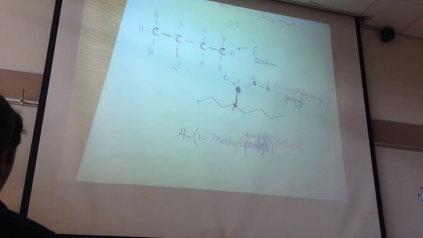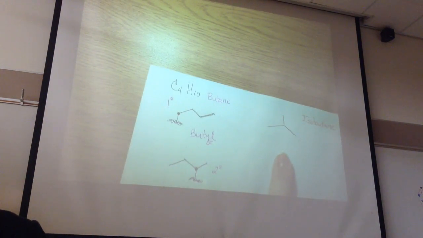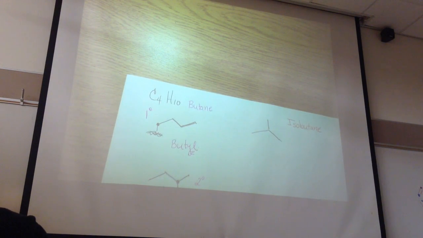Okay, going back to this one. So I'm back again to that one. If I look at the isobutane, it has two different types of equivalent hydrogens, right? Is everybody agreeing? All of these were primary carbons, yes?